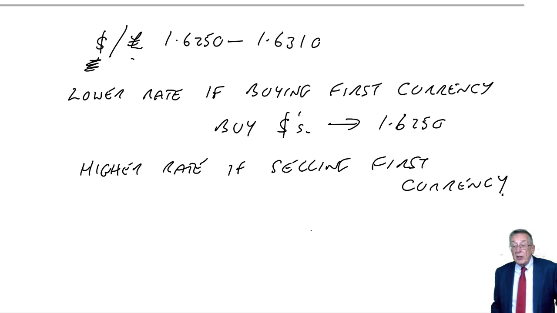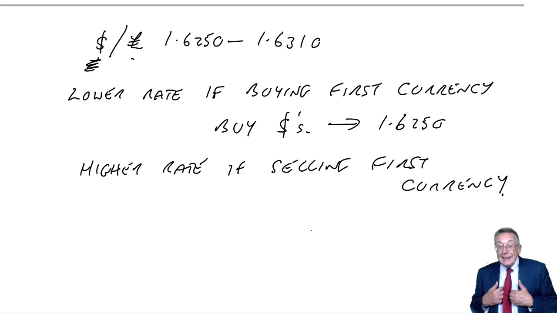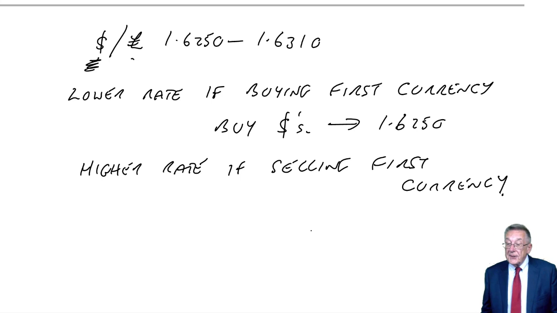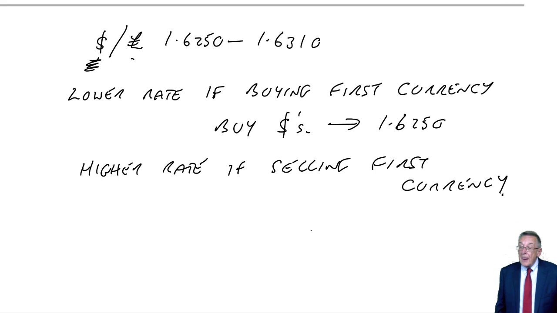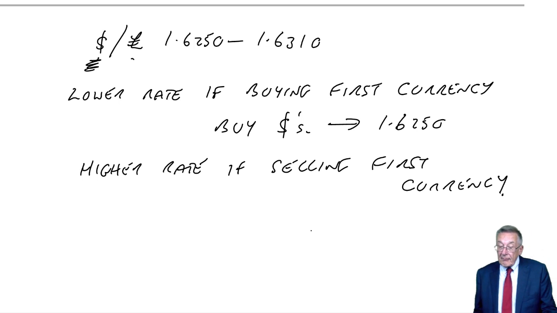Well, remember it any way you want, but here I'm not talking about the bank at all. It's us I'm worried about. If we are having to buy dollars, we've got pounds and we're buying dollars, we'll convert at 1.6250. If we have dollars and we want to convert to pounds, we'll be selling dollars, we use 1.6310.